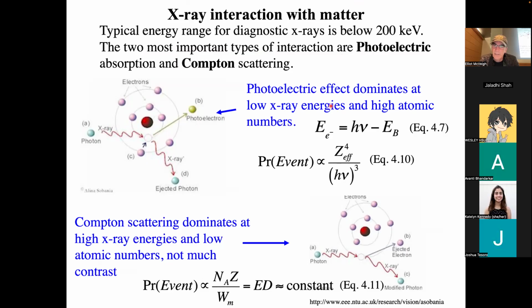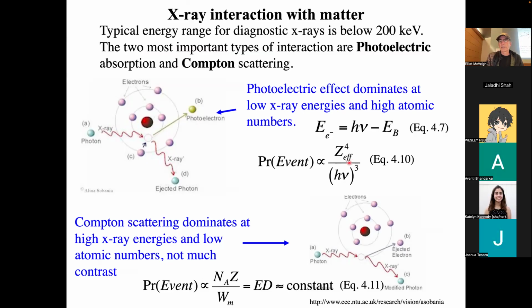Yeah, because with this effect here, you would have the probability of an interaction occurring at Z to the fourth with photoelectric. So as the atomic number gets bigger, this probability gets very, very high compared to the Compton. That's what that's saying. Right. The Compton is not having much of an effect on the actual probability because it's not to the fourth power.